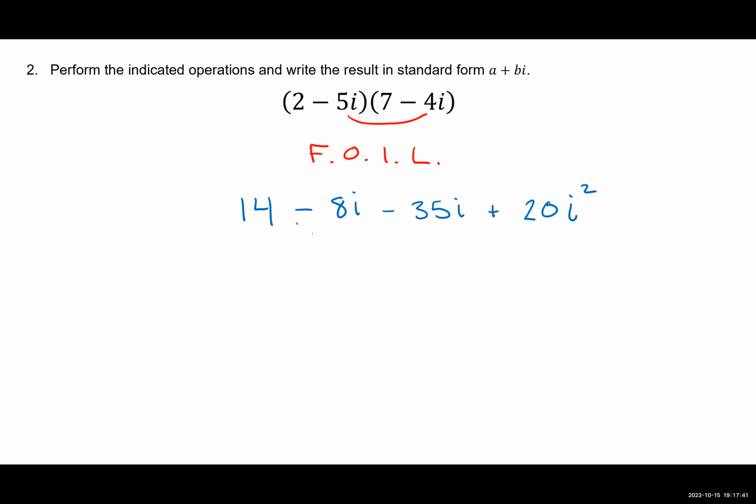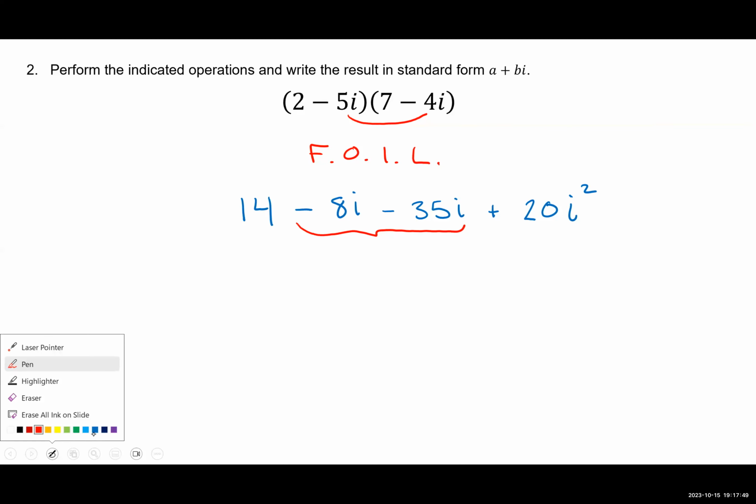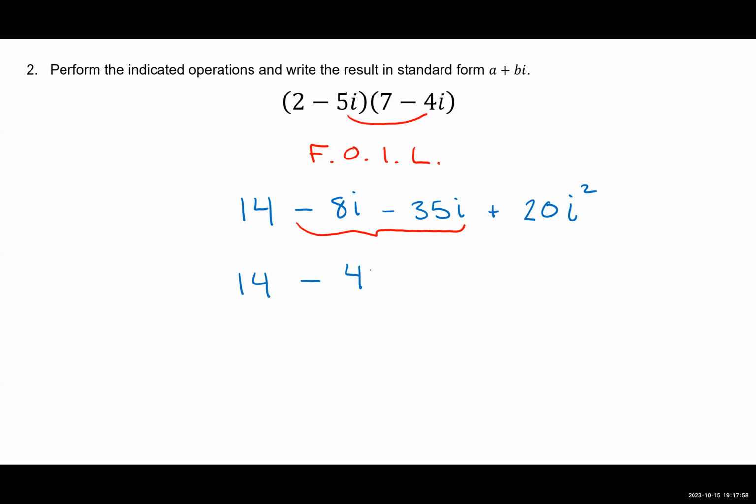So no surprises yet. Nothing is different. Had this been an x instead of an i, combine like terms, right? We've got 14, a minus 8 and a minus 35. That gives us a total of what? Minus 43 i's.